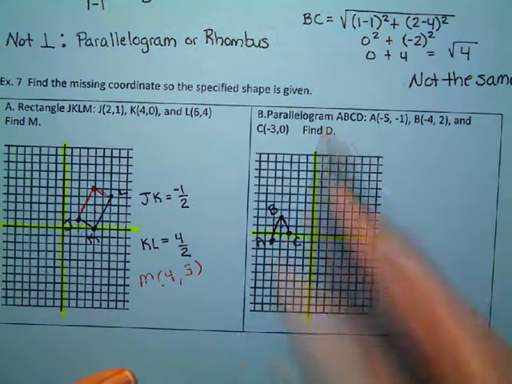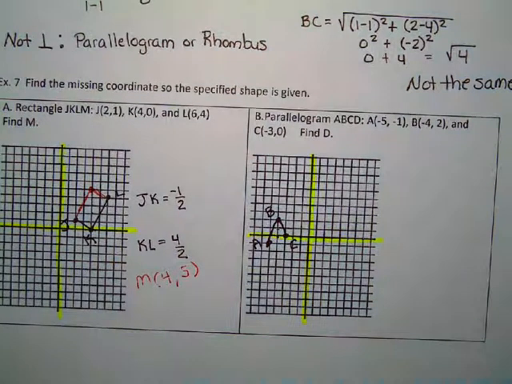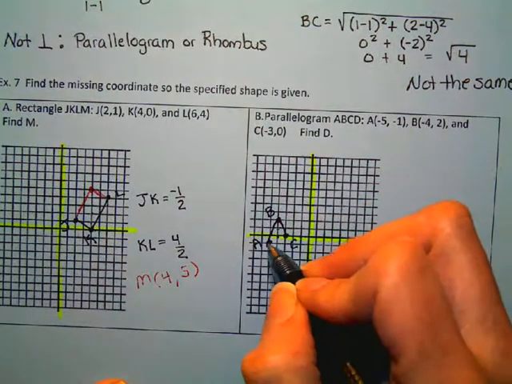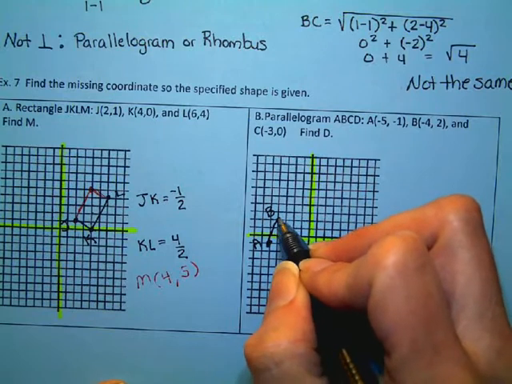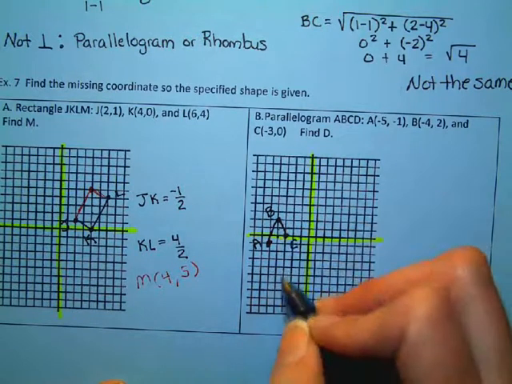Okay, so the slope from A to B would be up 1, 2, 3 over 1. So I need to find the point that matches that. Or you could do BC. 1, 2 over 1.